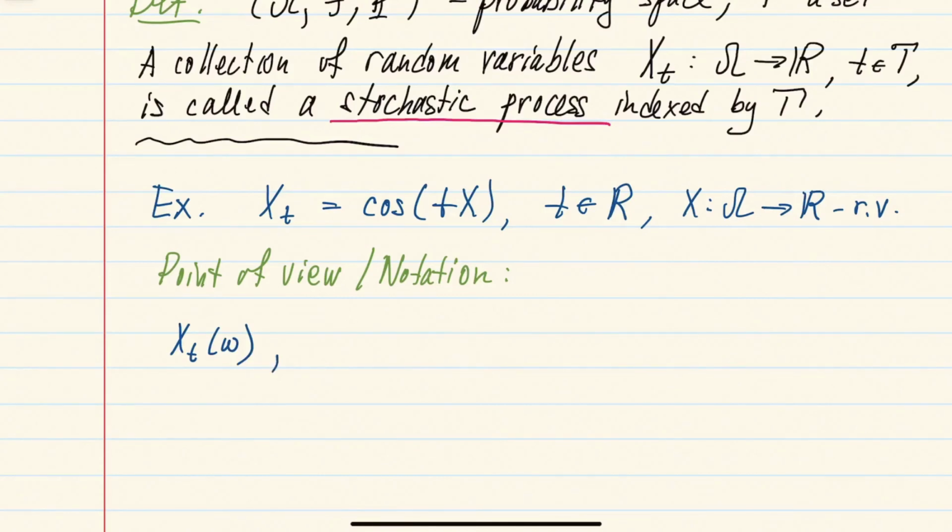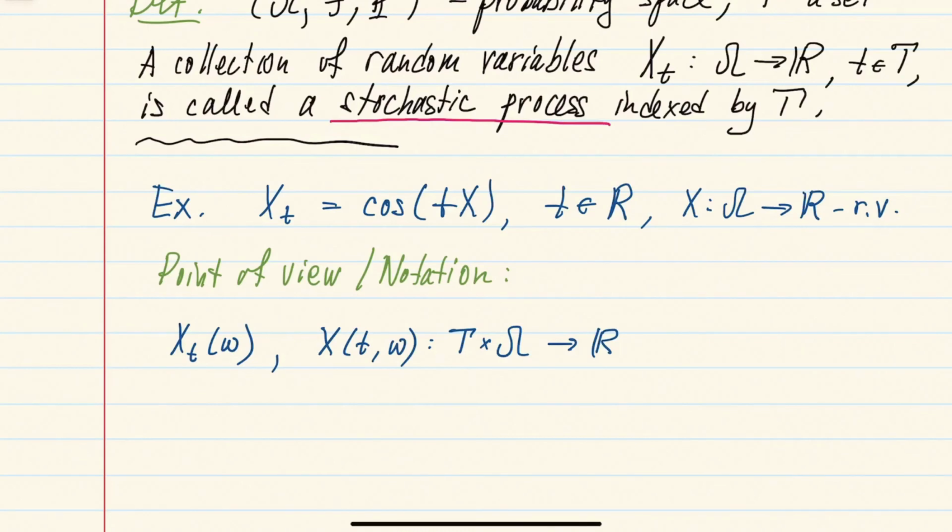In some cases, our index set itself will have some structure. For example, it will be a metric space, or a subspace of the real line. So the index t itself may be a variable of interest for us, and you might sometimes be interested to view your process as a function of both the index and omega on your probability space. Then you can view it as a function on the product space, and you can write X as a function of both t and omega in this form.